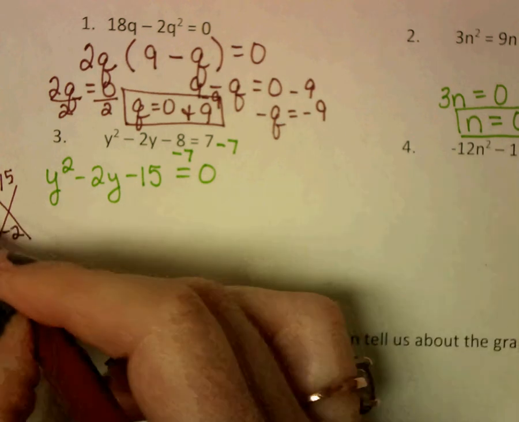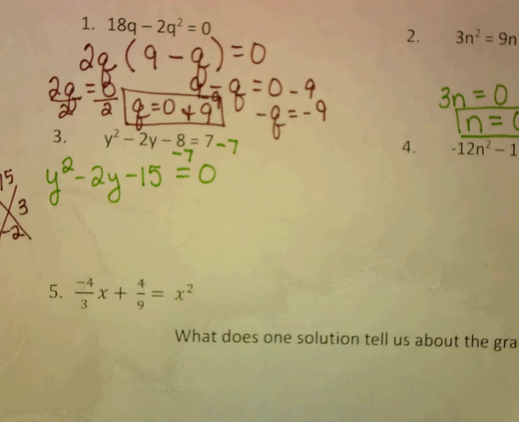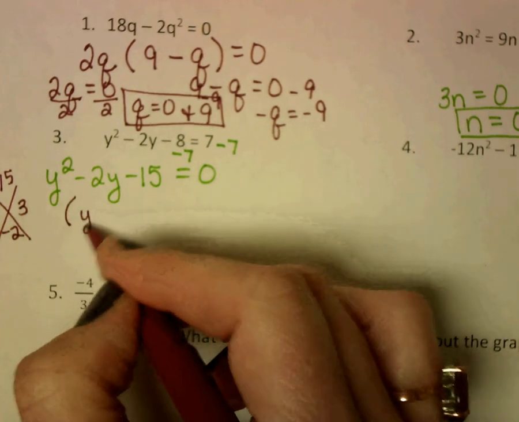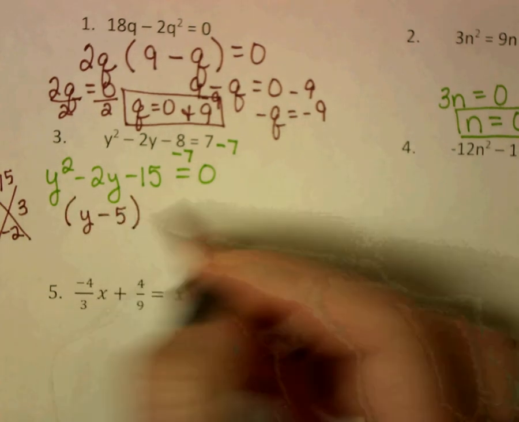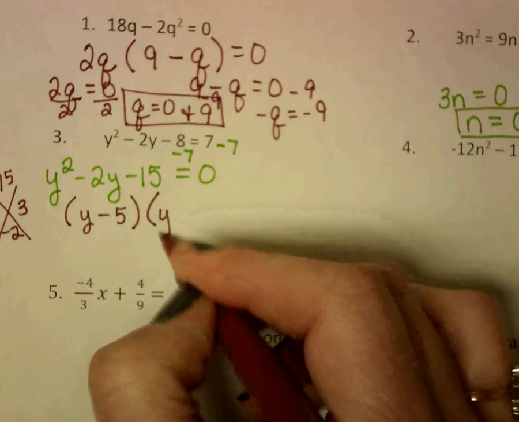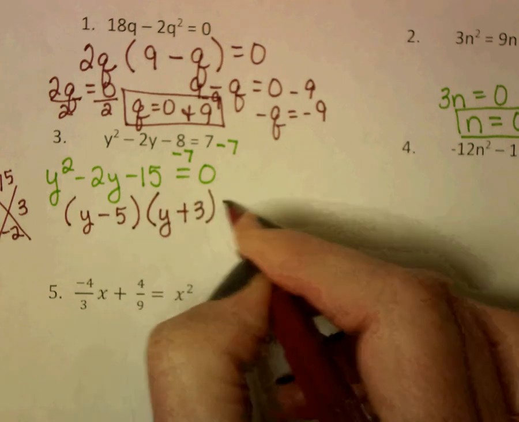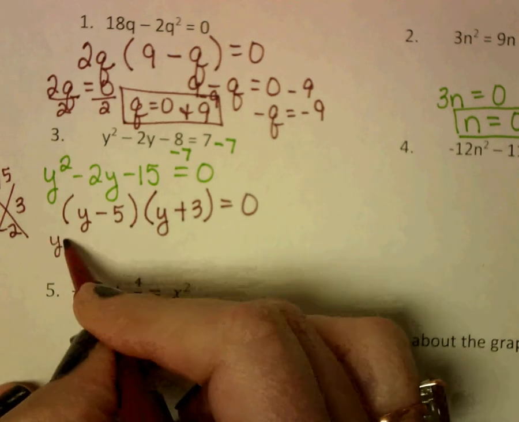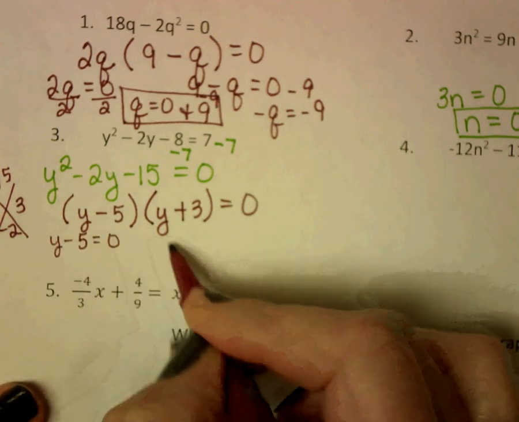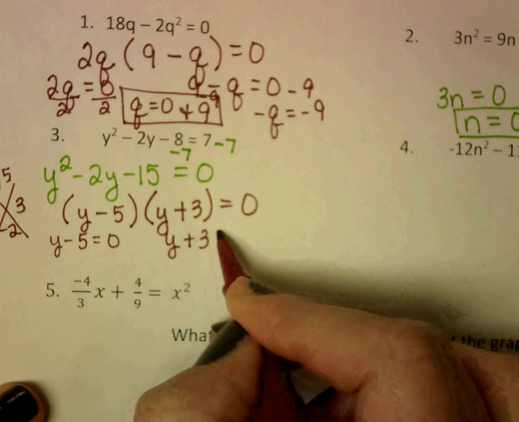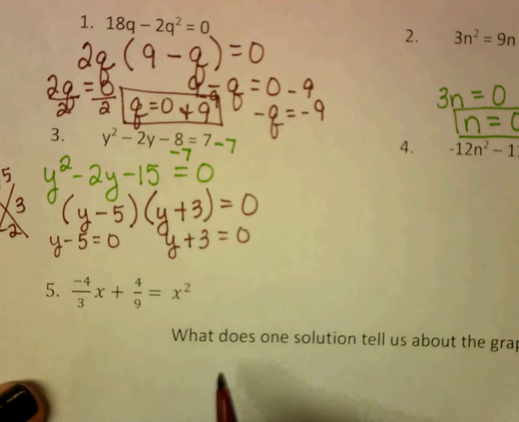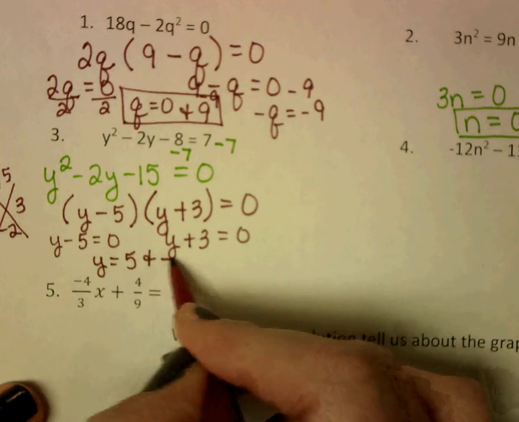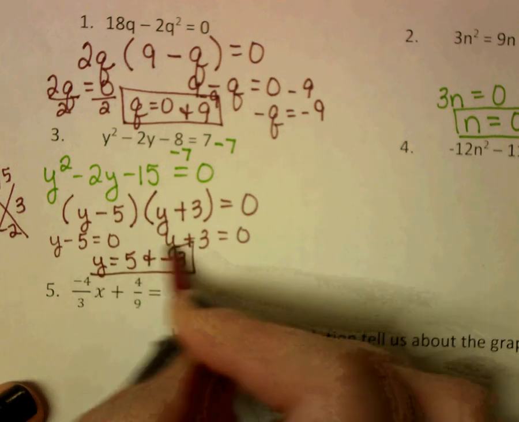And so my factors are going to be -5 and +3. Since the a value is 1, I can simply say my factors are y minus 5 and y plus 3. Now we put each factor equal to 0 and solve each of those equations. So we're going to get y equals 5 and -3.